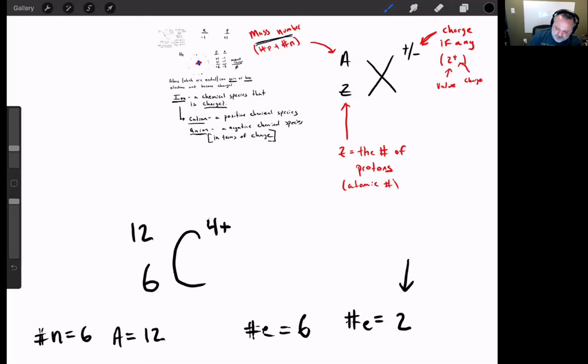What happens if I change the number of neutrons to be 7? What part of the symbol do I change? Yeah, and let's be specific. I want to point out that it really is called the mass number.